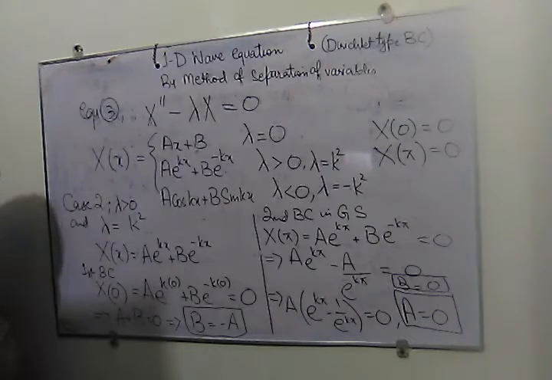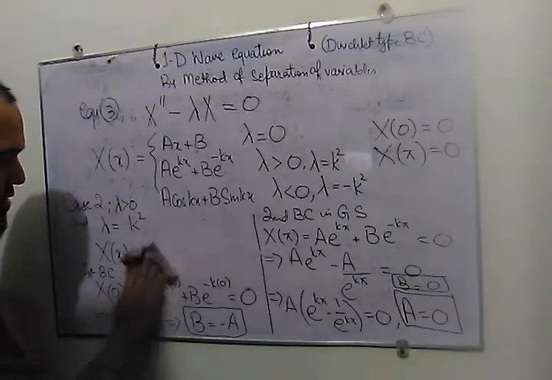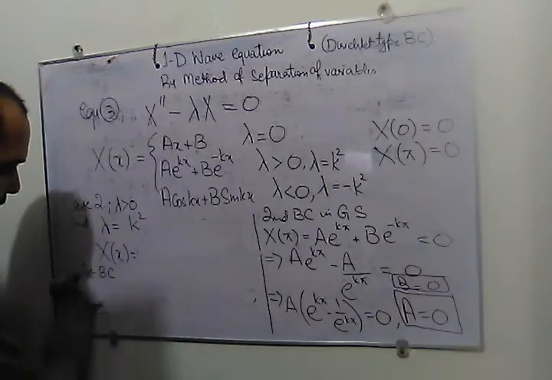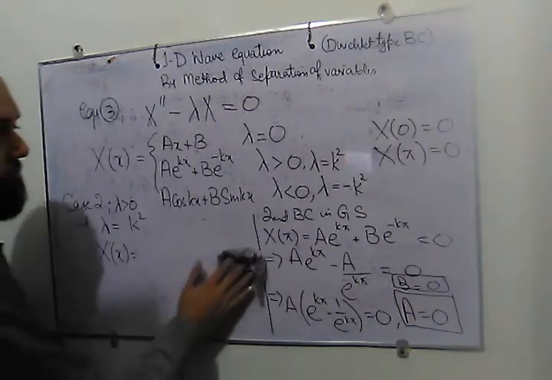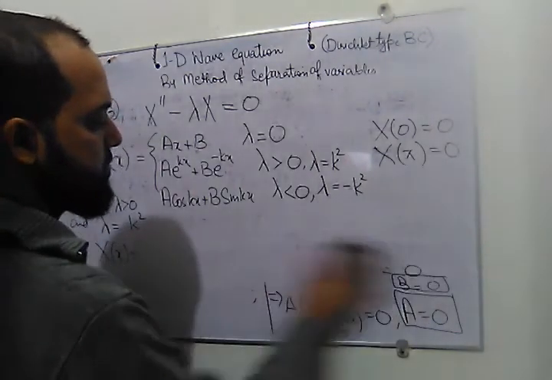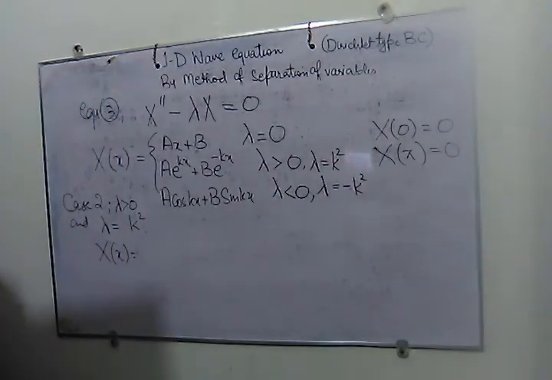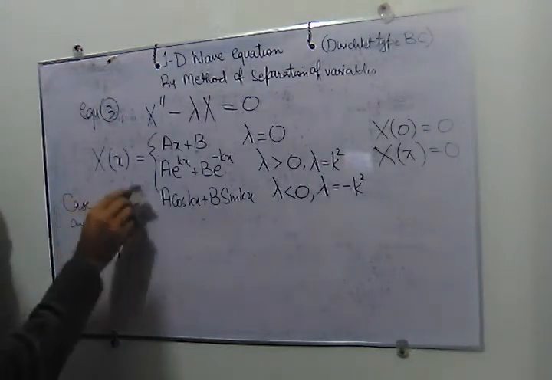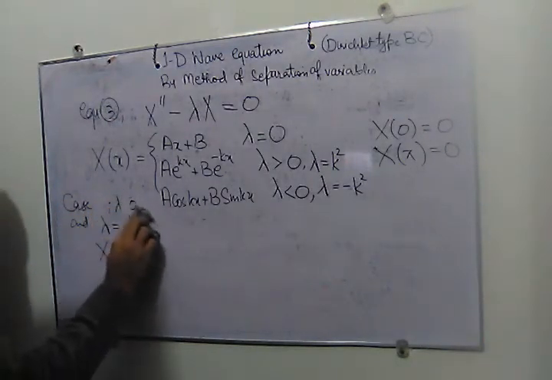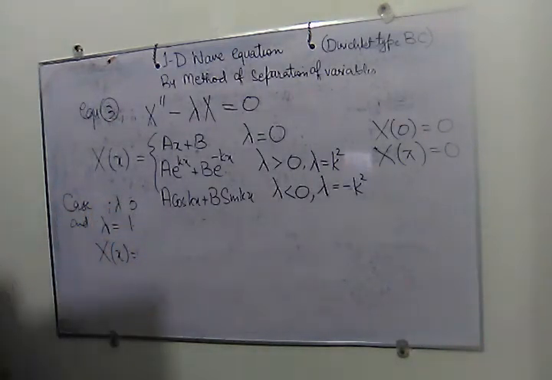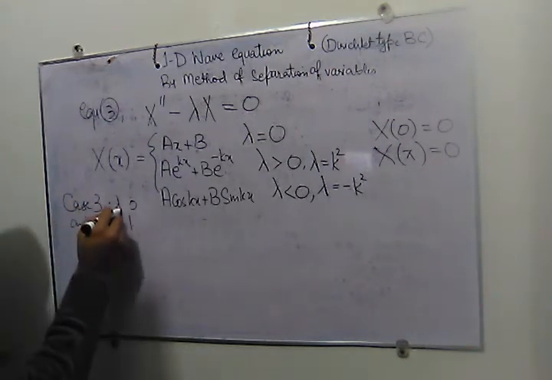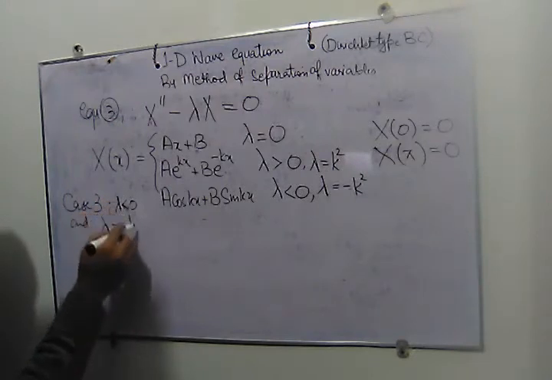Lambda is equal to minus k square. So we see case number 3, lambda less than 0, or lambda is equal to minus k square.